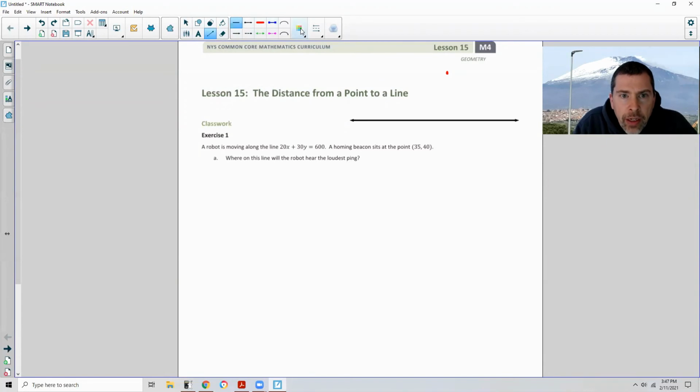And let me explain. So if I draw a line segment like this, that is a fairly far distance.